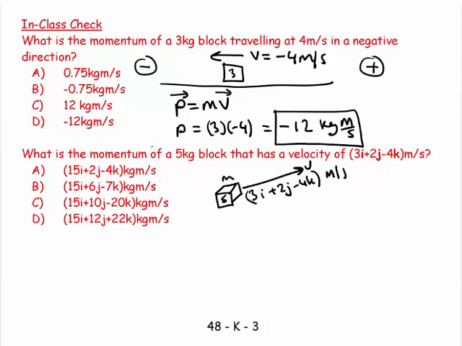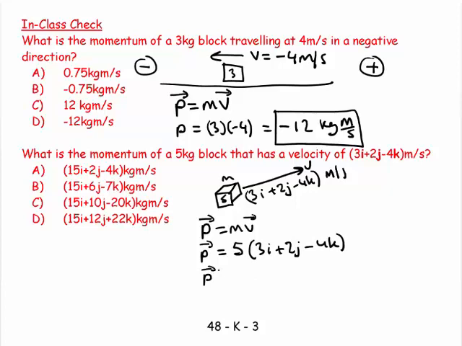It says, what is the momentum of a 5 kilogram block that has a velocity of 3i plus 2j minus 4k? And again, I say, well, vector momentum equals mass times vector velocity. So vector momentum is equal to 5 times 3i plus 2j minus 4k.